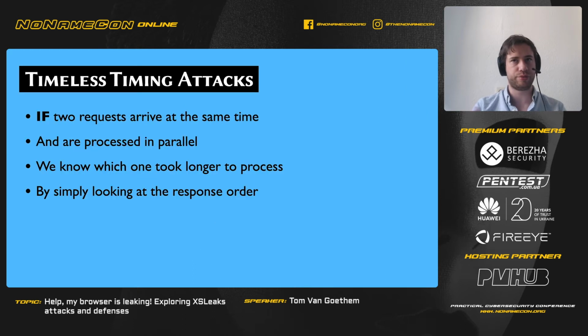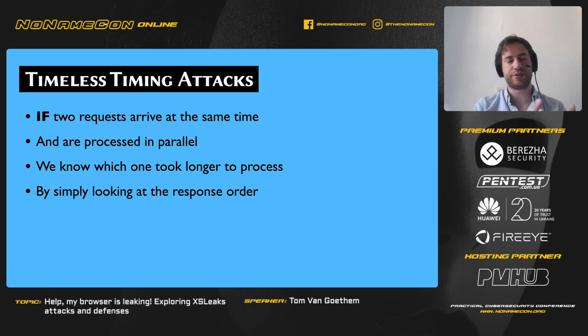There are some requirements for this to work. First, a very important one is that the 2 requests need to arrive at exactly the same time. So they should ideally be in the same TCP packet arriving at the server. And both requests also need to be processed in parallel, so concurrently.